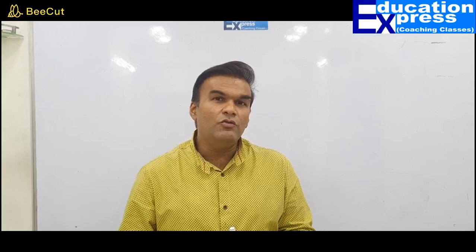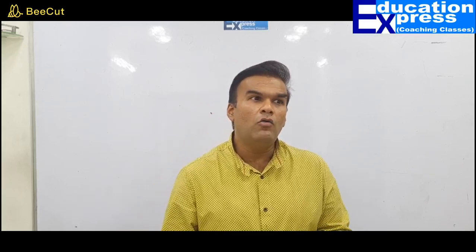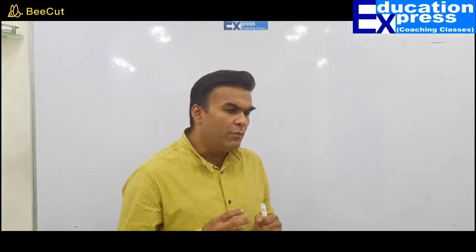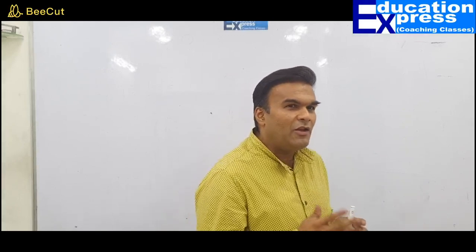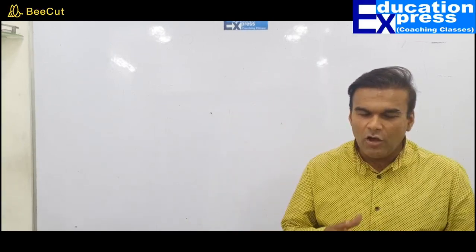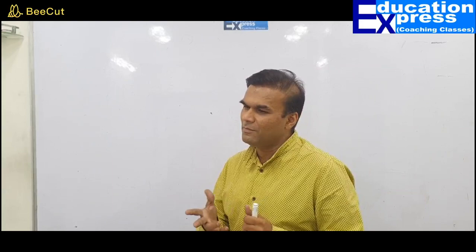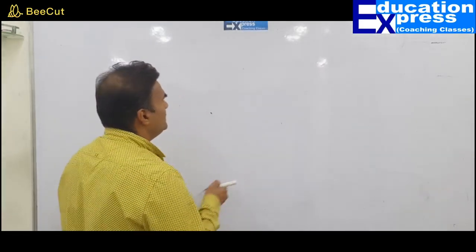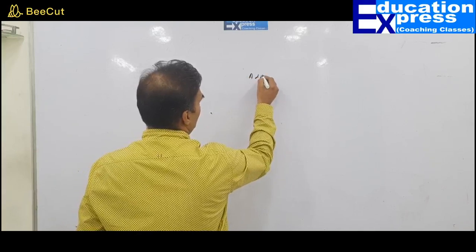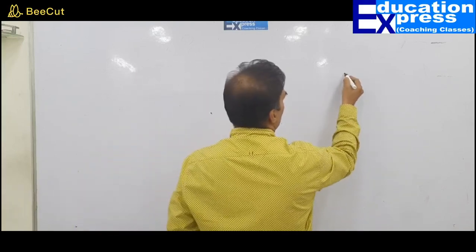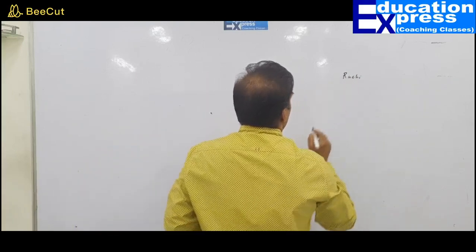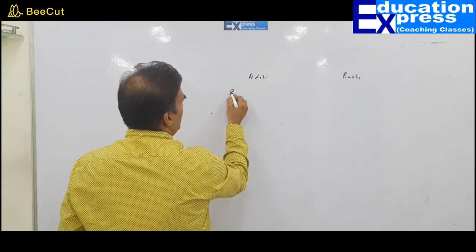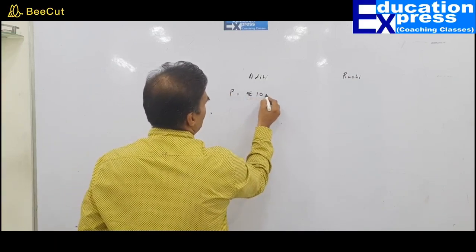Almost all the questions are application based questions, but you need to really work on how prudently you can apply the concept of compound interest and how compound interest is different from simple interest. Let us say we have two friends, Aditi and Ruchi. They both have rupees 10,000.